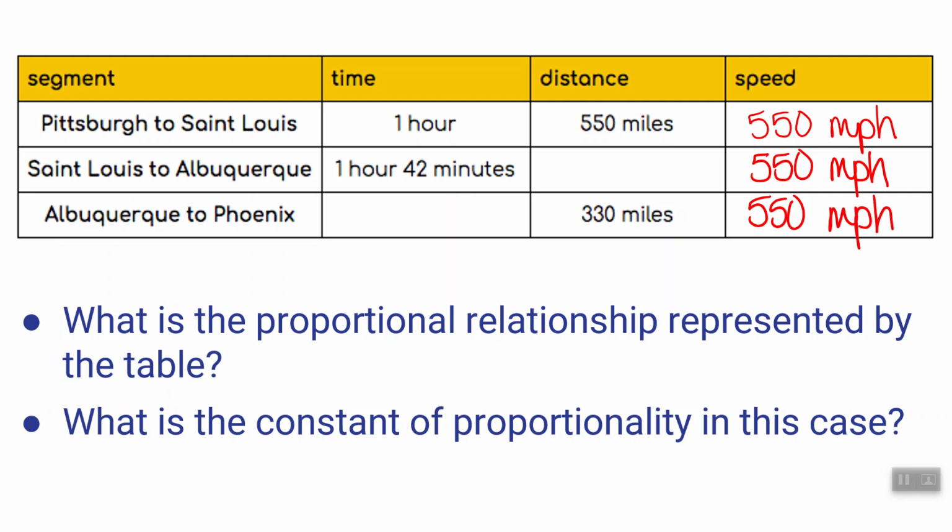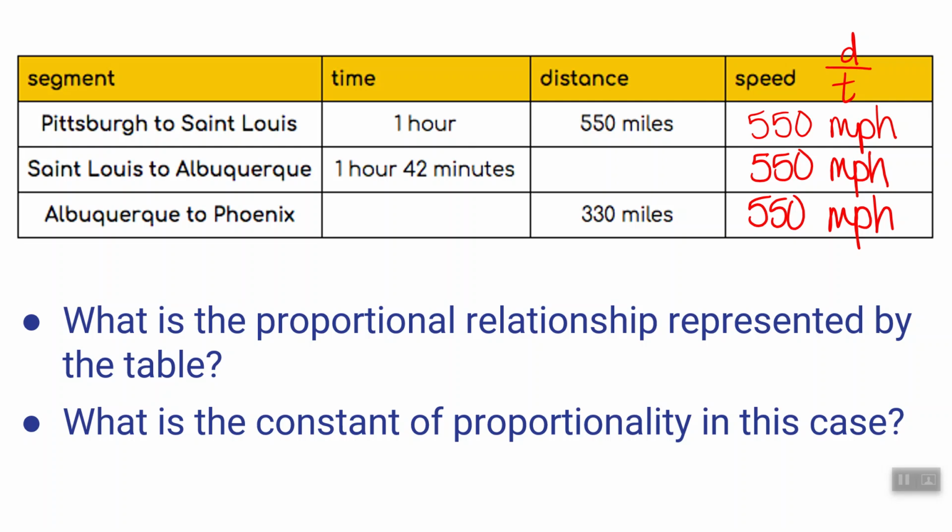Remember that speed comes from taking distance and dividing it by time, but we were also told that the speed was constant. So I can actually figure out the speed of this plane throughout the entire trip without knowing the time or the distance. So now the question is, how far does the plane travel in 1 hour and 42 minutes?